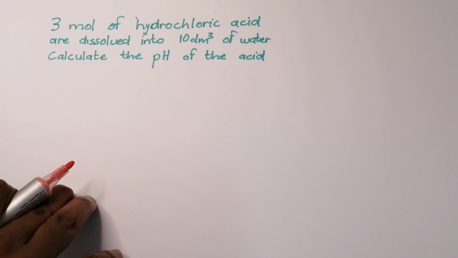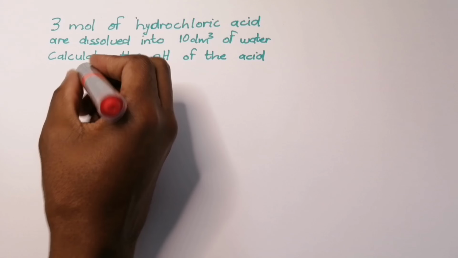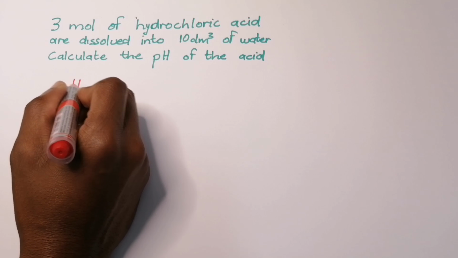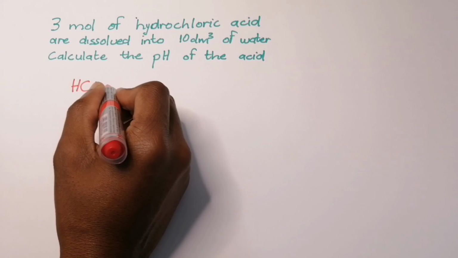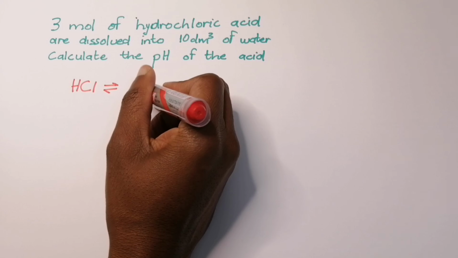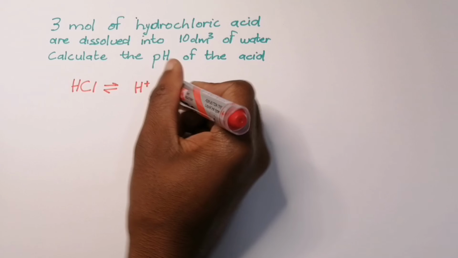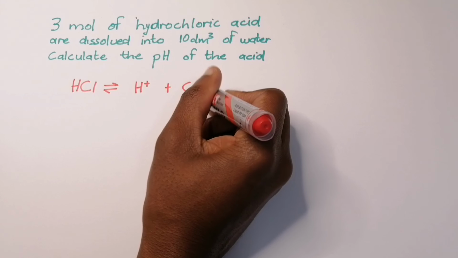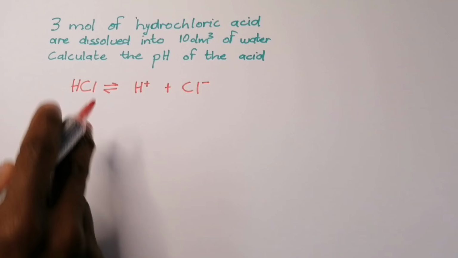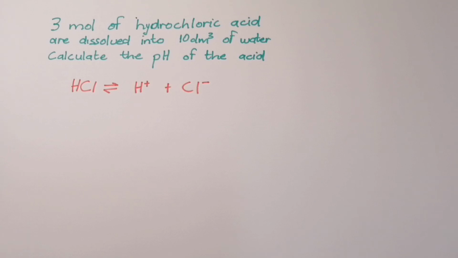So I know that hydrochloric acid, we said HCl, so I'm going to write the simpler form of it. How does it ionize? It gives me H plus plus Cl minus. Okay, so this is what I get.